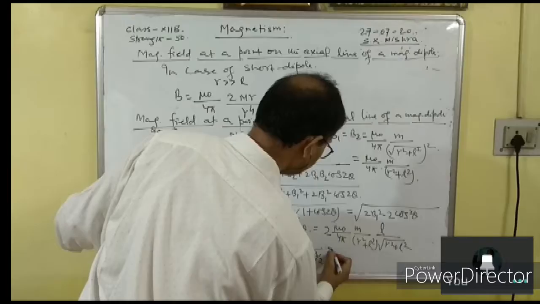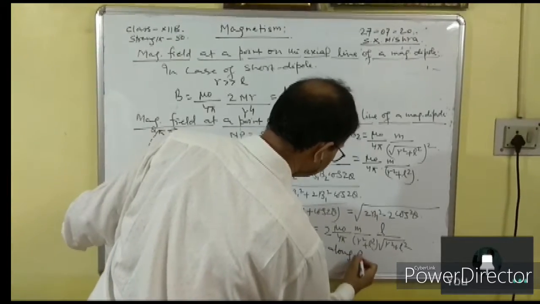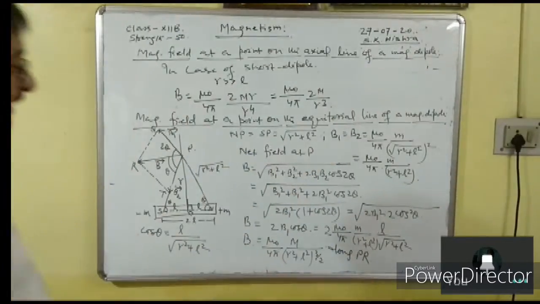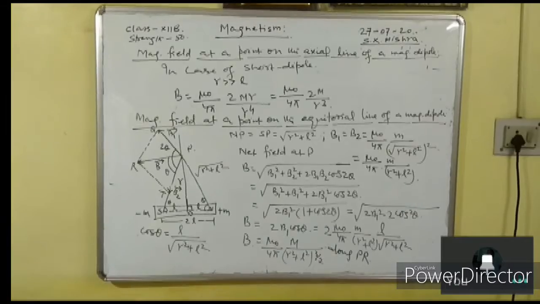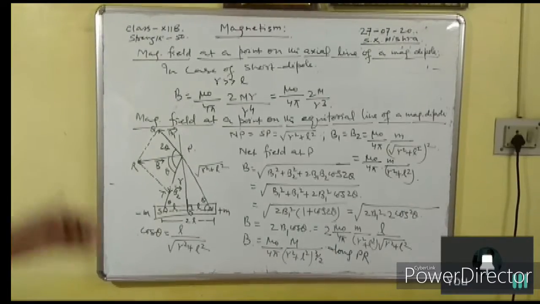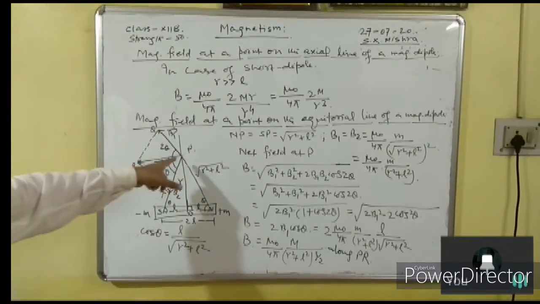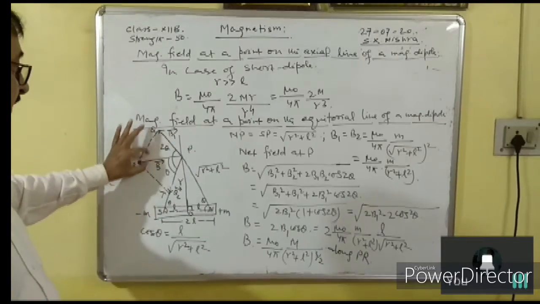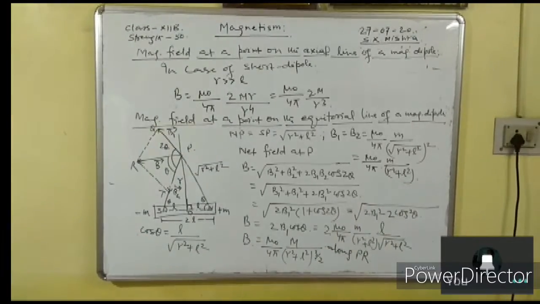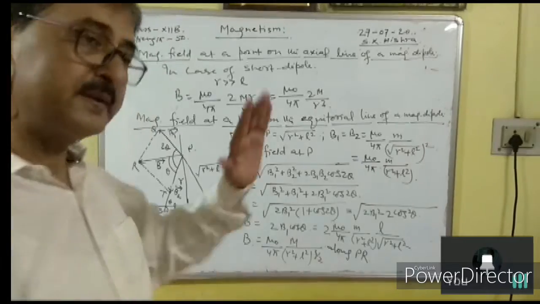This is B1, this is B2. So what is the angle between them? That angle is 2 theta. So the angle between the two vectors B1 and B2 is 2 theta.